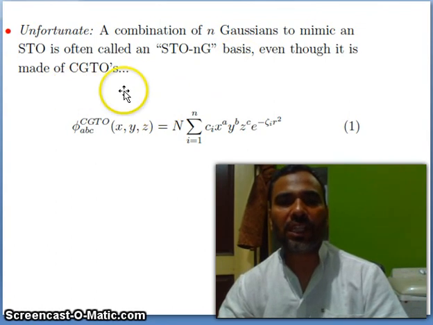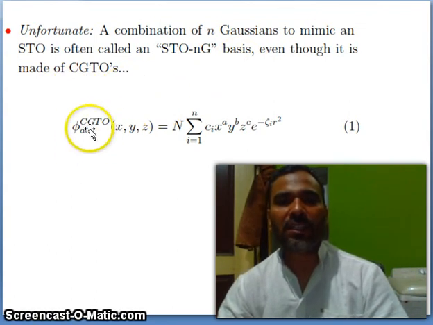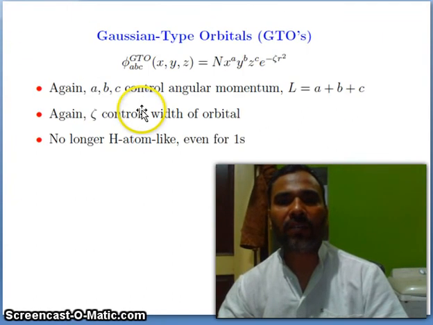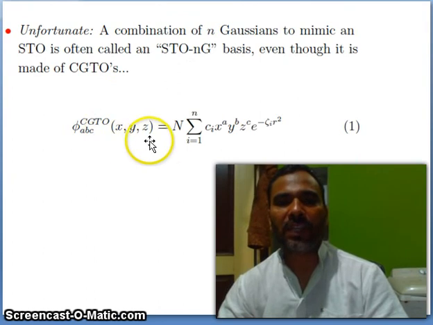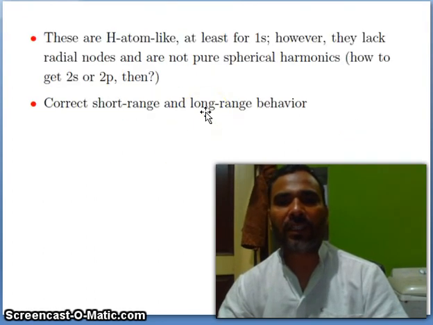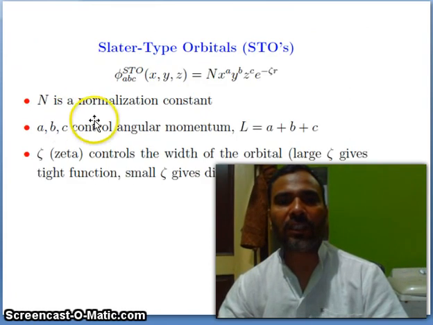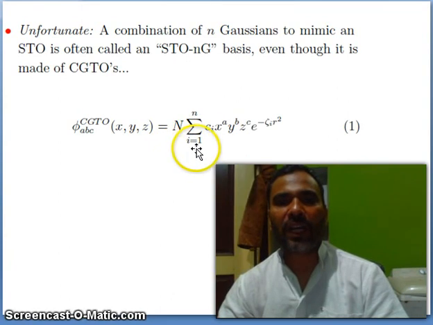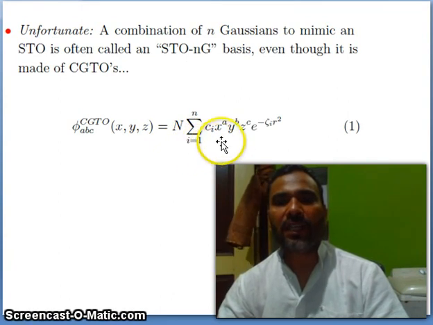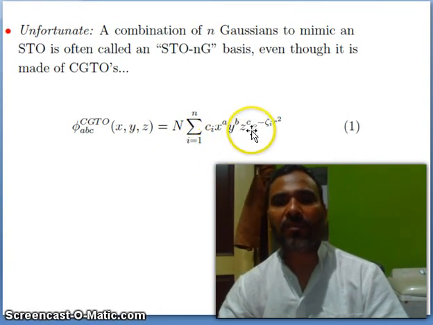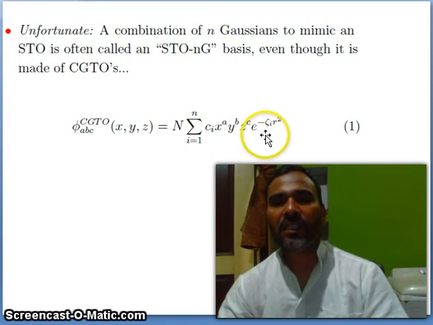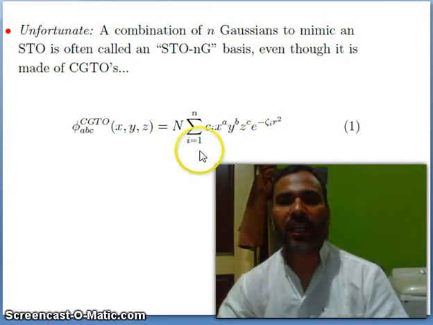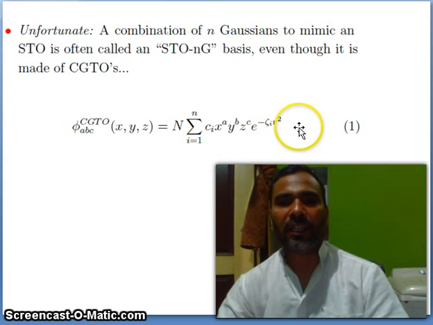So what changes in the formula? You see here the formula phi ABC GTO. Here phi ABC CGTO (x, y, z) is equal to N, where N, as I defined, is the normalization constant, times the summation over i equal to 1 to n of Ci x^a y^b z^c e^(-zeta_i r^2).